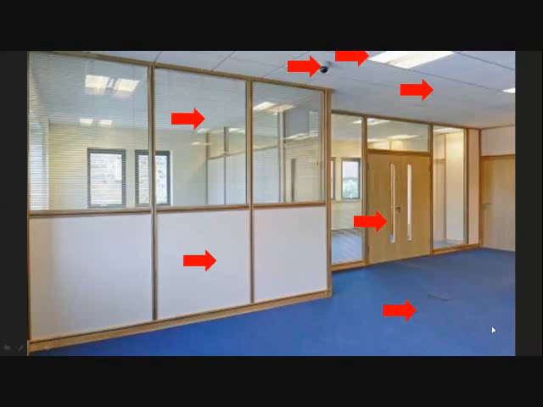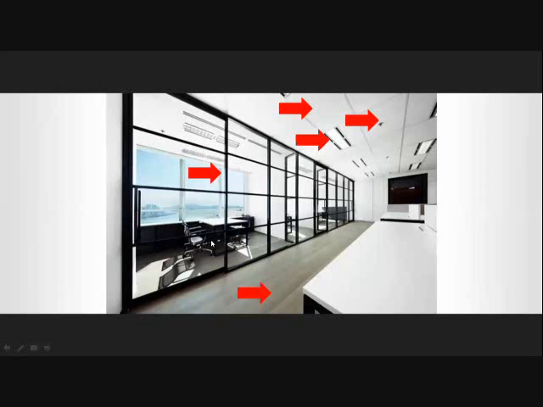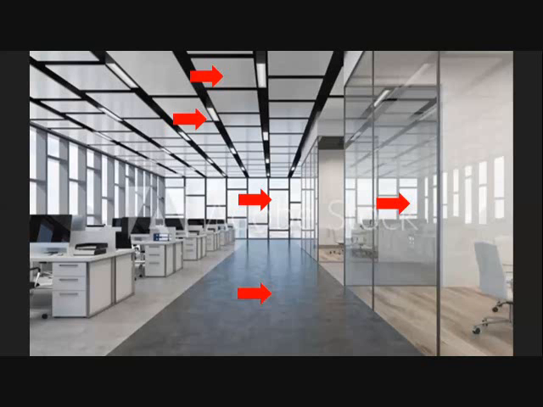We have carpet in the floor, wooden doors, glass, half closed panels. This is another example of an office space. You see, each one has a theme or style. And this theme or style is applied on everything in the space.